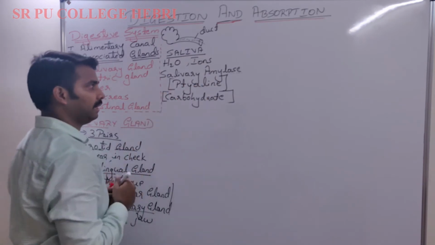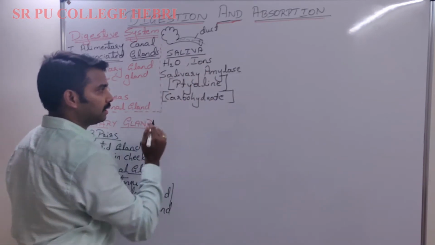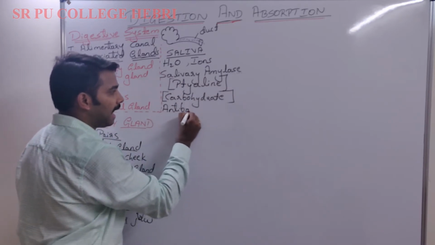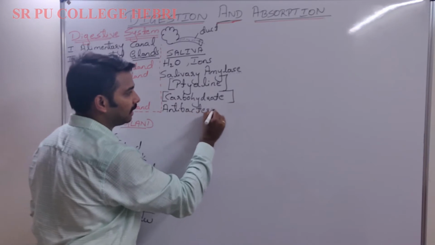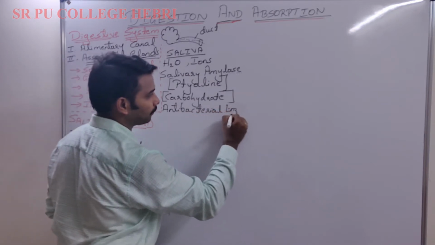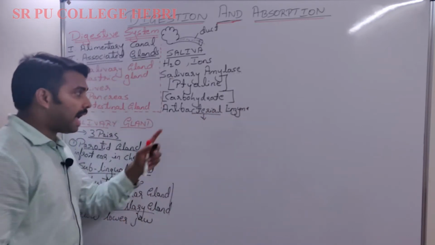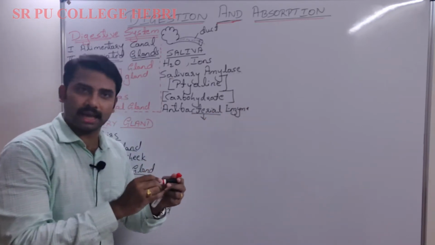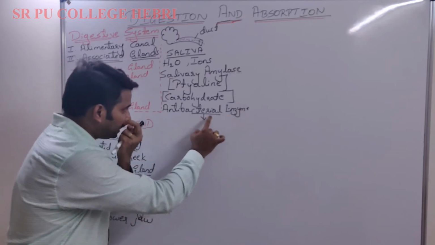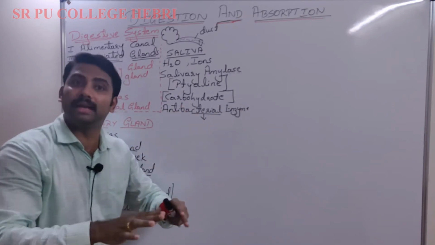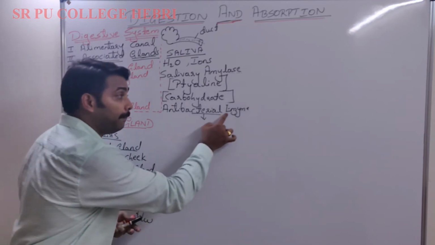Common name is ptyalin. Along with these three, our saliva also has an antibacterial enzyme. Try to understand which enzyme? Antibacterial enzyme. Do this enzyme digest, break down carbohydrate? No. Protein? No. Lipid? No. What does it break down?